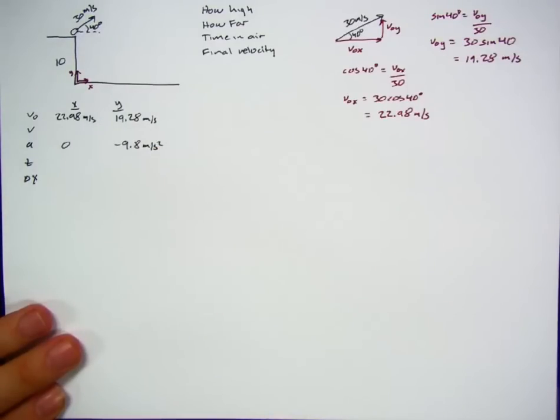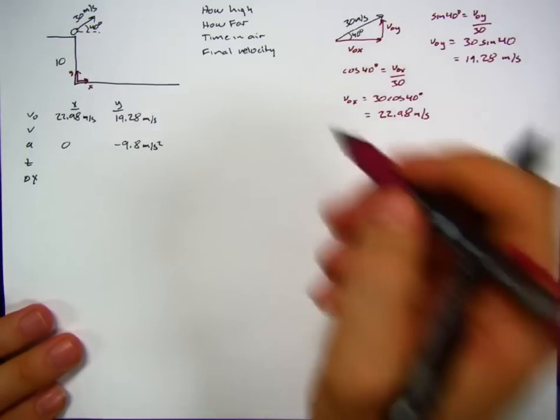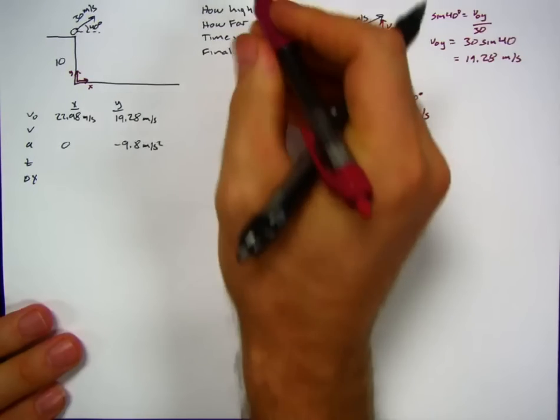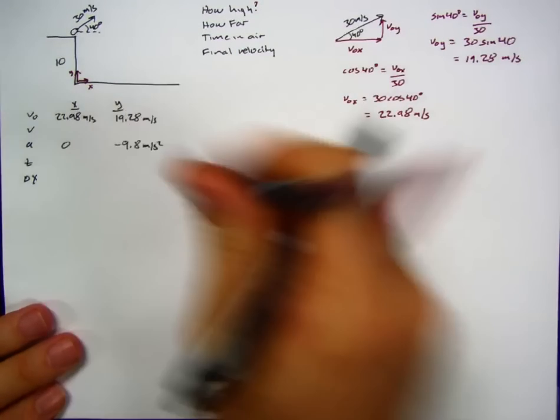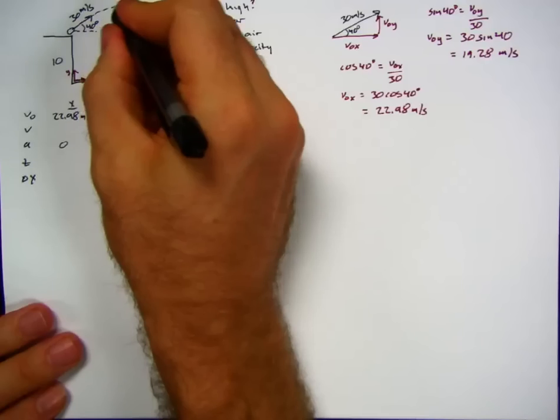Okay, now I have to think. What am I interested in? If I'm interested in, first of all, how high the ball is going to go, right? The path is going to be up here somewhere.